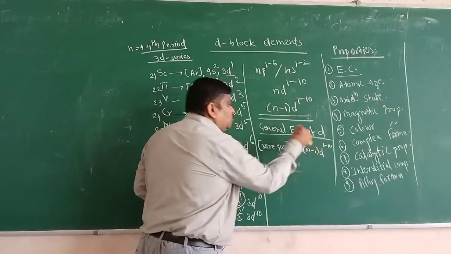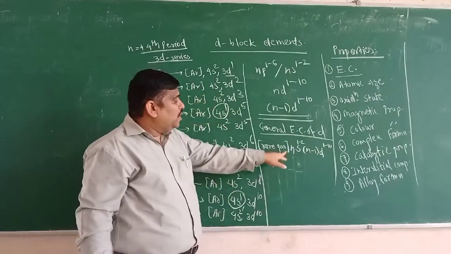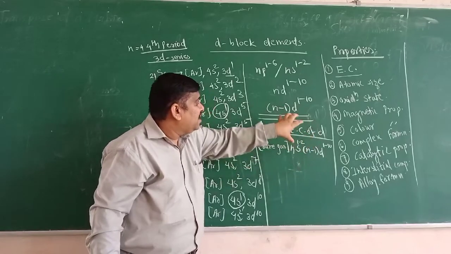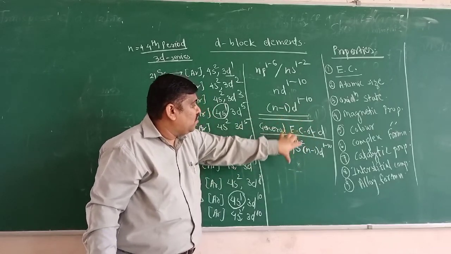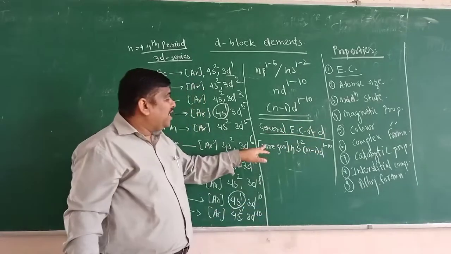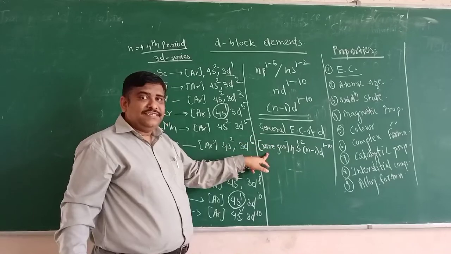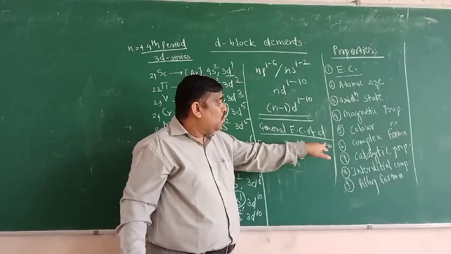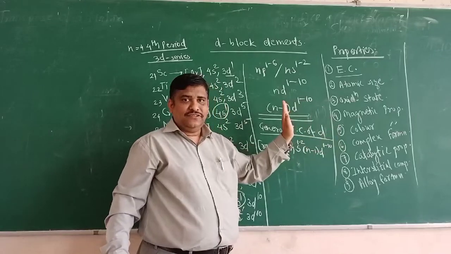Therefore, you can write ns 1 to 2. So this is nothing but the complete general electronic configuration of the d block elements. So look here, what you can write: rare gas, ns 1 to 2, (n minus 1)d 1 to 10.